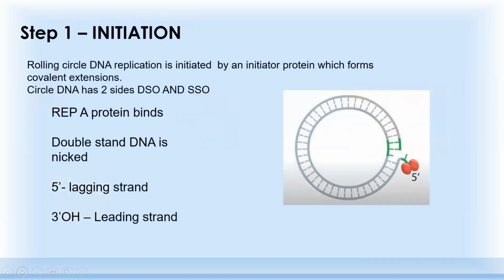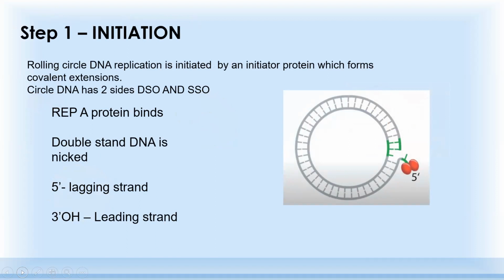Now, we'll start with the different stages or steps involved in rolling circle replication. Step 1 is initiation. Initiation starts by an initiator protein. It is formed by a covalent extension and starts the rolling circle replication.